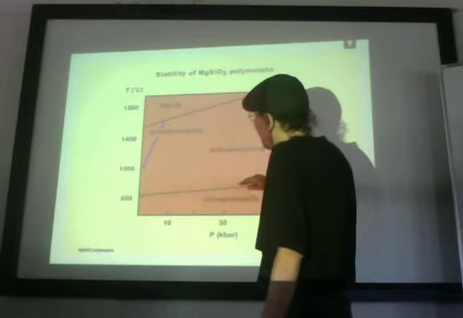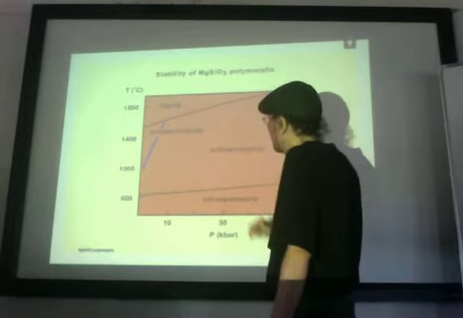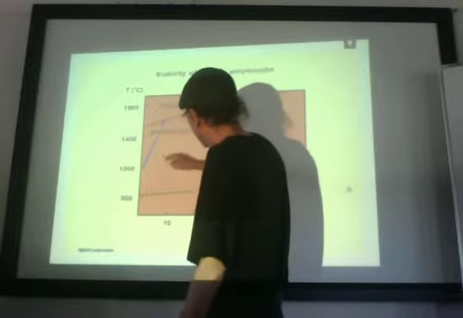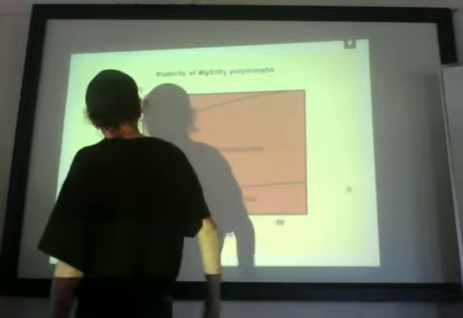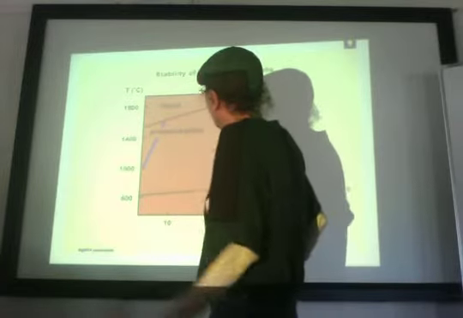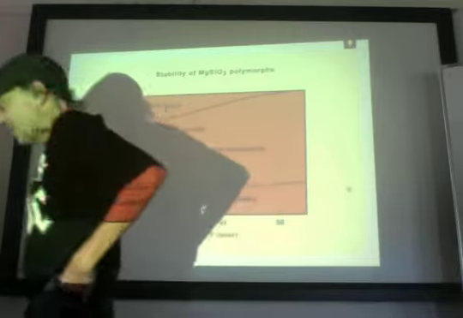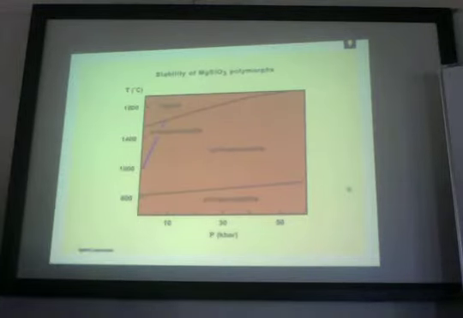While we are increasing the temperature, we have the orthoenstatite. And here at very low pressures we have the protoenstatite. At temperatures higher than 1600 degrees Celsius or something like this, we are forming the liquid. So that means our enstatite is then molten.